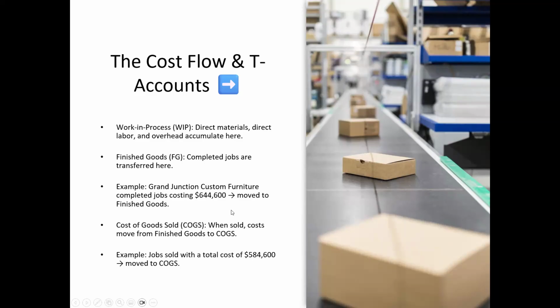Then if you look at the finished goods account we had earlier, which is 644,600, and then you take away the value of cost of goods sold, which is 584,600, what you're going to have in your finished goods account is going to be 60,000. That's what we call the finished goods inventory account. That amount will sit in your statement of financial position, which is popularly called the balance sheet.